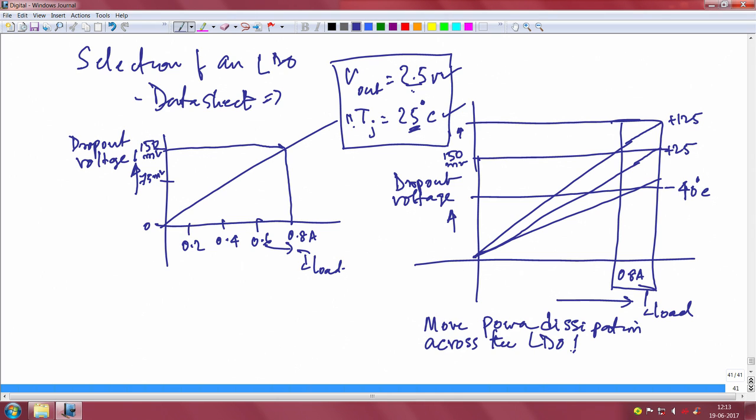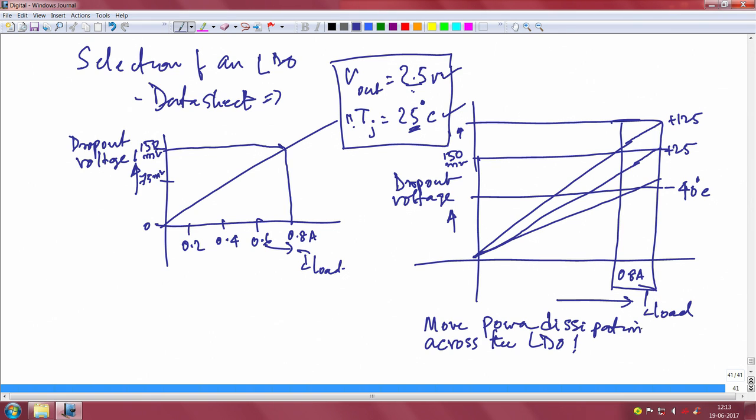Why? Because the dropout voltage has increased, right. It has to maintain a higher voltage differential and has to drop sufficiently high voltage, so that you can continue to draw this load current of whatever we specified.